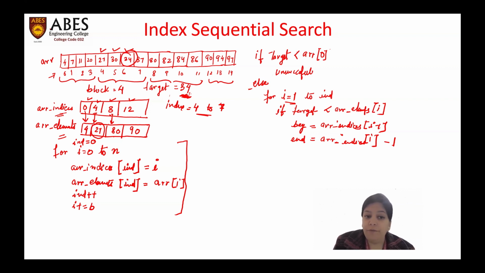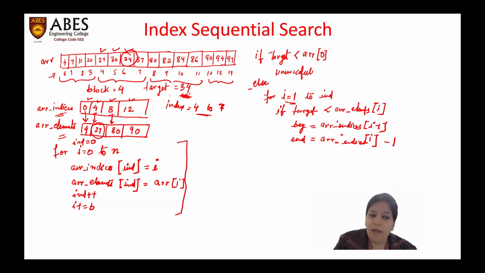Now, if the value that we are searching, that is 34, is less than 80, that means it is not present in the third block, rather it is present in the previous block, right? So the value that we are searching will be present at index 4th, 5th, 6th, or 7th.